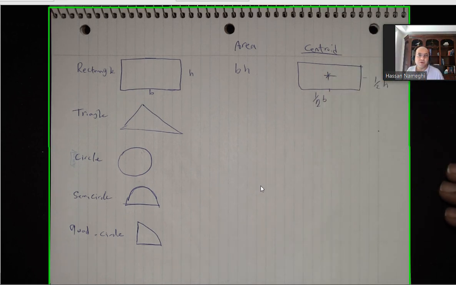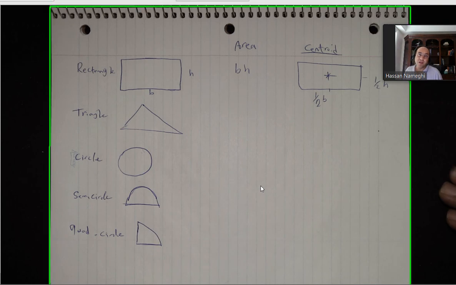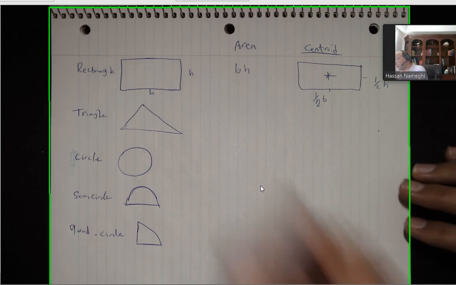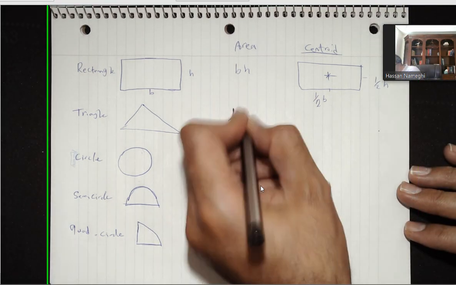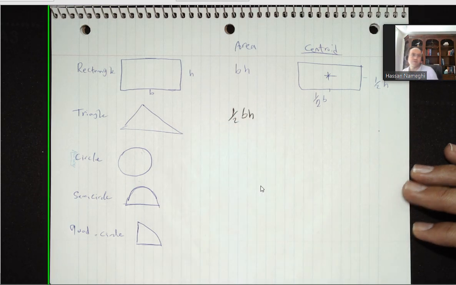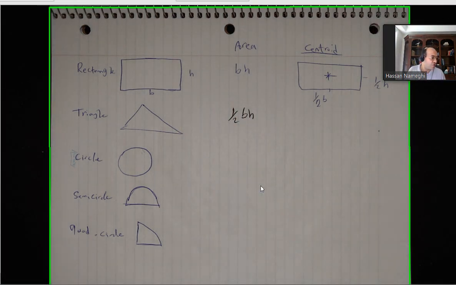Next question would be related to the triangle. So the triangle, the area of it, we already know from grade 5, is half of BH, half of base times height. But where is the centroid of a triangle? I always had fun using a piece of paper to find the centroid.